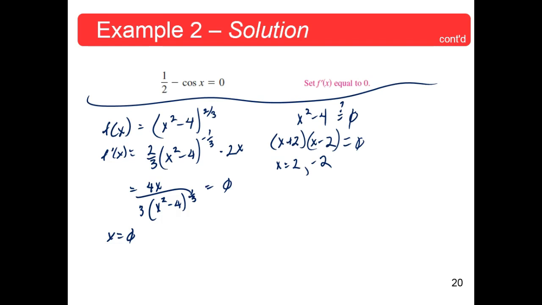So there's two places where that would make your denominator 0. So this is places where your first derivative would not be defined. X equal minus 2 and x equal plus 2. Okay, the rest of them, perfectly fine. So, what are we going to do?